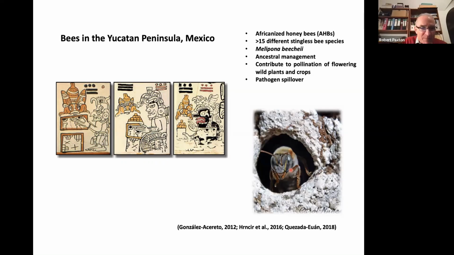For example, this is an ancient Mayan symbol of a bee, and these are stingless bee honeypots that are being collected by a beekeeper. So you can see there's a cultural connection between the communities in the Yucatan Peninsula and this bee in particular, which is depicted here in these pictograms taken from the Codice Maya.